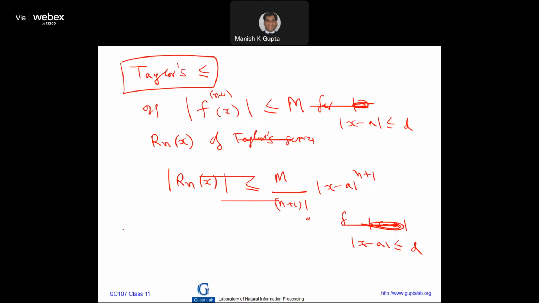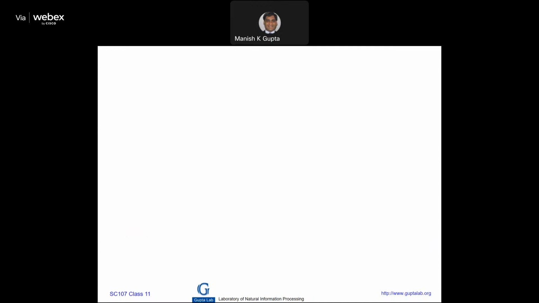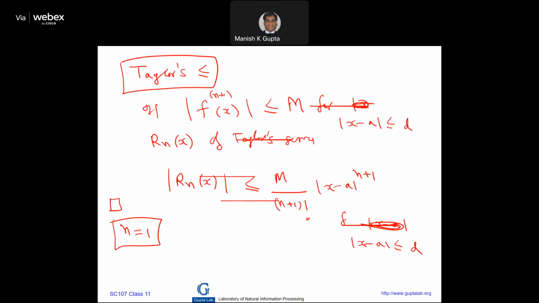So I am going to prove for n equal to 1. Proof. This empty square means the proof starts, right? n is equal to 1. So for n equal to 1, what will happen? When n is equal to 1, this implies that mod of f double dash of x is less than or equal to M by the given condition, right?